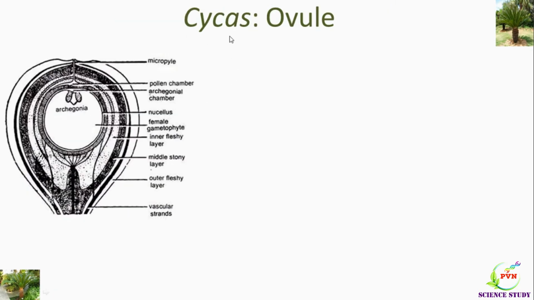Now we will study the ovule of Cycas. This is the vertical section of the Cycas ovule. The ovule in Cycas is orthotropous type. So what is orthotropous? An orthotropous ovule contains the micropylar end, the middle nucellus and the basal chalaza in a single line, and therefore it is known as orthotropous type of ovule.